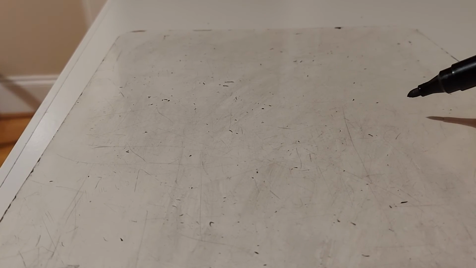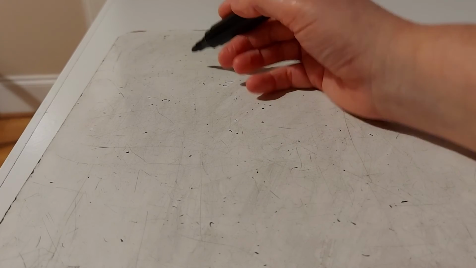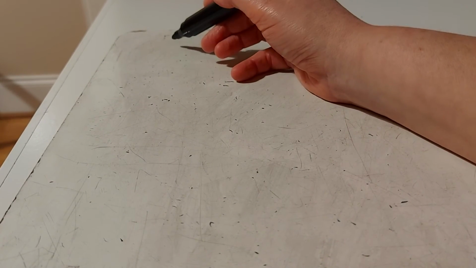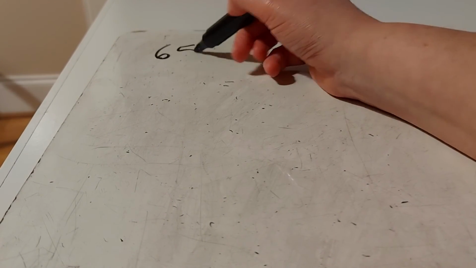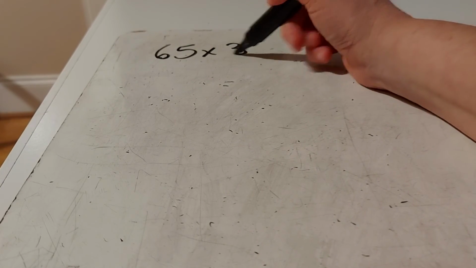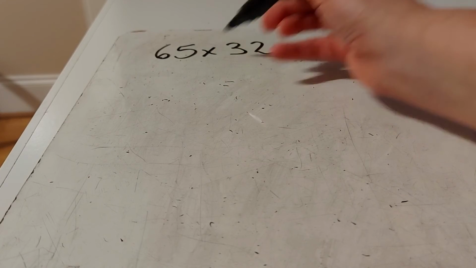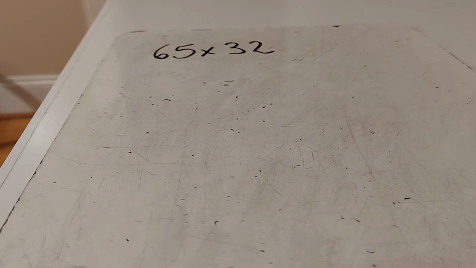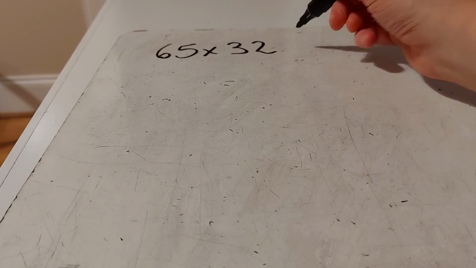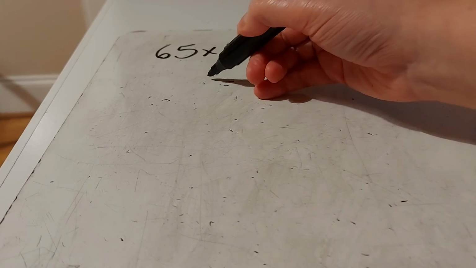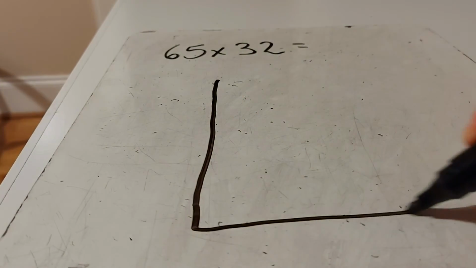But if you're thinking about spiciest, okay, let's really challenge ourselves. 65 times 32, okay? So you'll notice now that we're not multiplying by a 1-digit number, it's 2 2-digit numbers. How would we set that out?